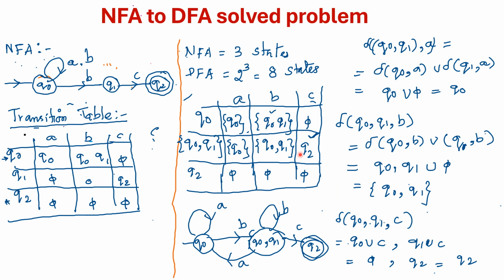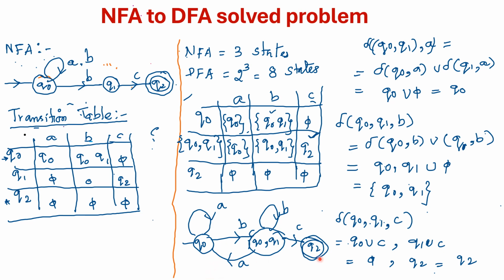So how many states? We always start with Q naught, one more new state Q naught and Q1, and finally Q2. So through this transition diagram we can make it a DFA.